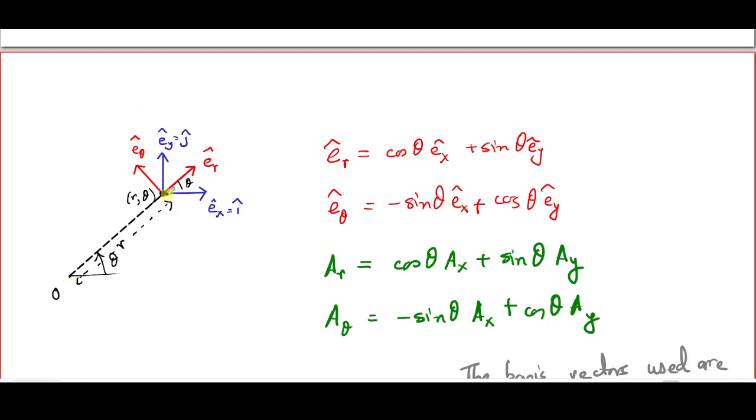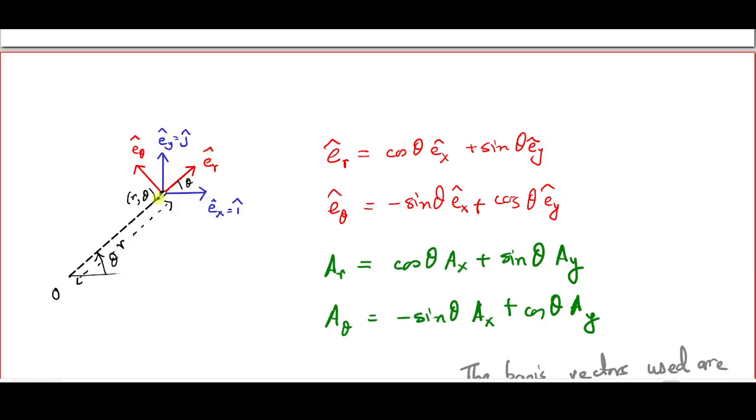So, if you have a point P here with coordinates r and theta with respect to some origin and some choice of initial direction, this angle being theta and this distance being r, the unit vector in the radial direction er is simply the unit vector in the direction in which r increases, whereas e theta is the unit vector in the direction in which theta increases. These of course do not match the ex and ey unit vectors, which are our familiar i and j unit vectors in the direction of increasing x and y.